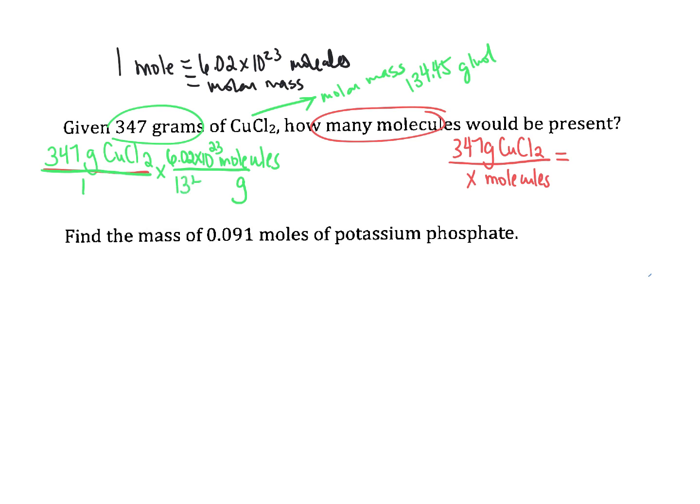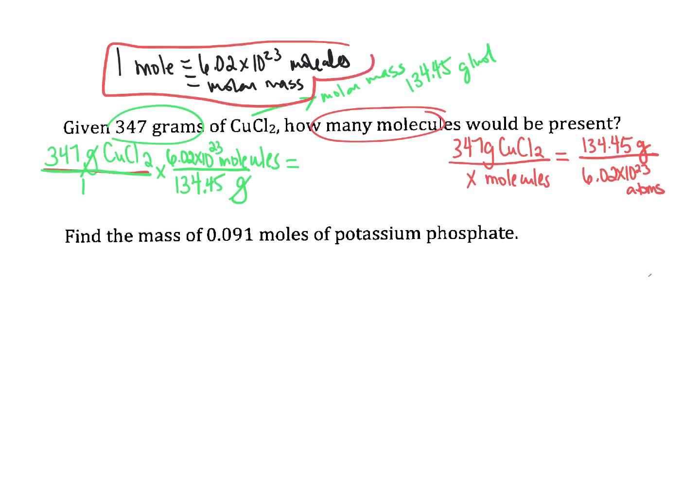So if I put that molar mass on the bottom so that grams cancels out, and I put molecules on the top, I can solve for that. If I put 134.45 grams on the top for the cross multiply method and 6.02 times 10 to the 23rd molecules on the bottom, again, I can solve for that X. So basically for the last problem and this problem, what we're doing is we're taking that 1 mole relationship and putting it together into a relationship that we now can see between molecules and the molar mass.